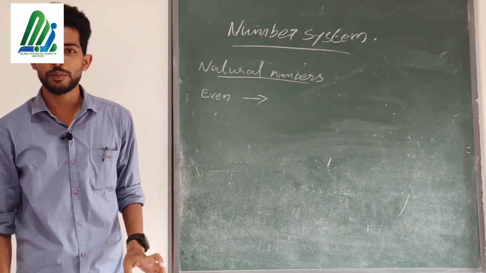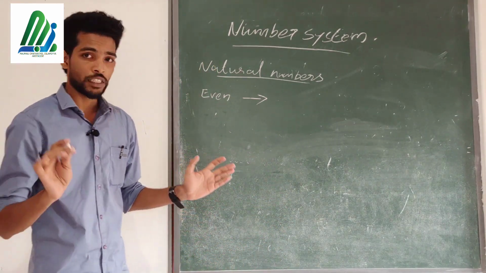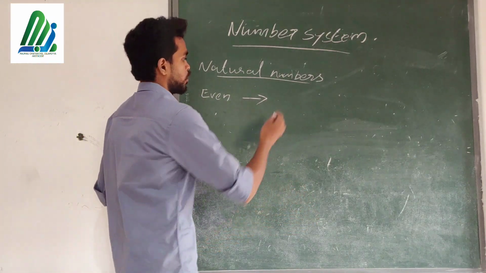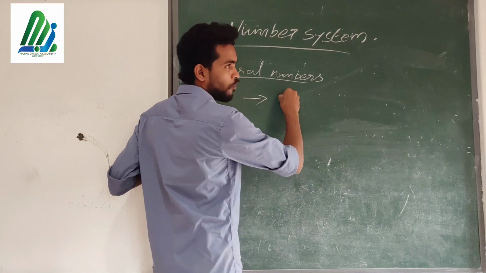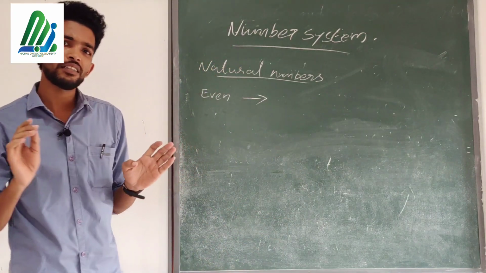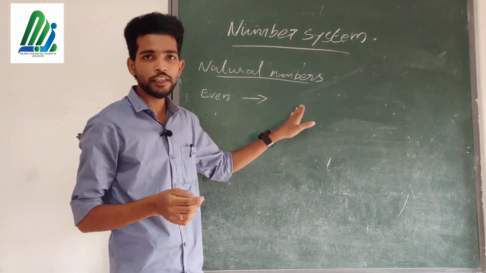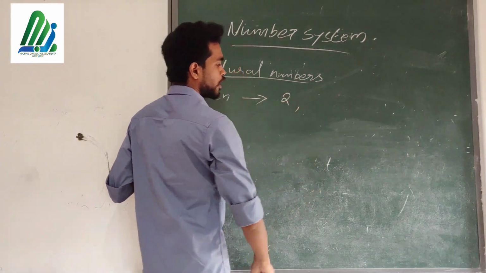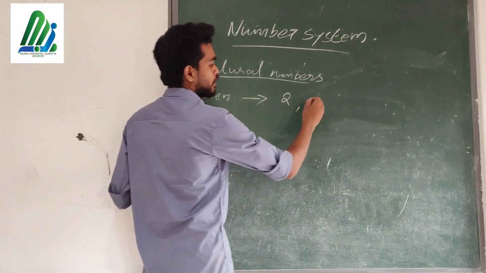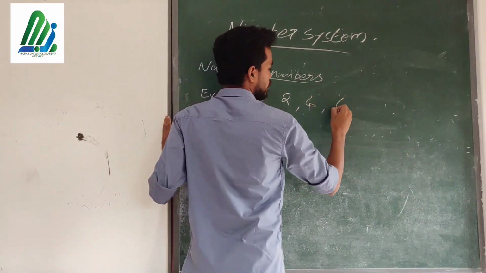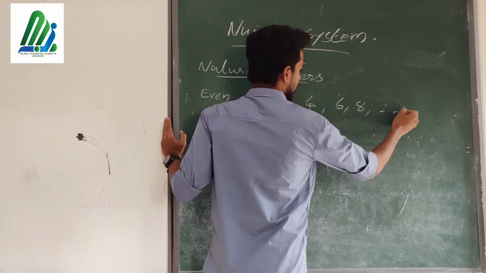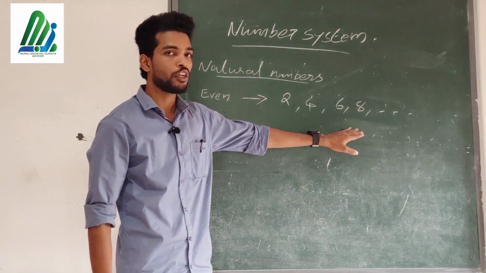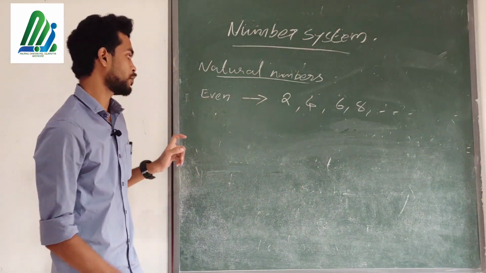Even numbers are the numbers which can divide by 2. 1 never can divide by 2, and 2 can divide by 2, and also 4, 6, 8, etc. These are the numbers which can divide by 2, called even numbers.